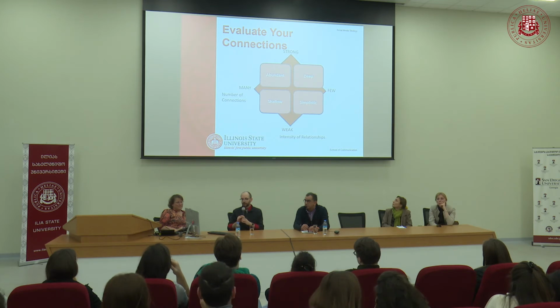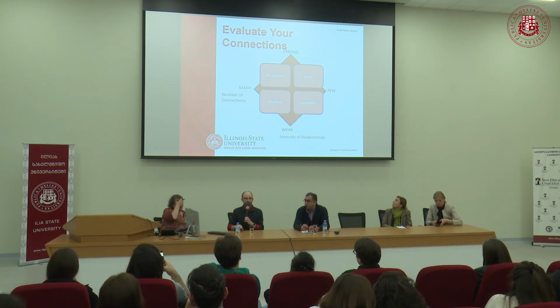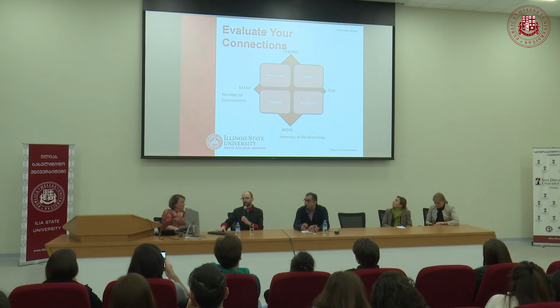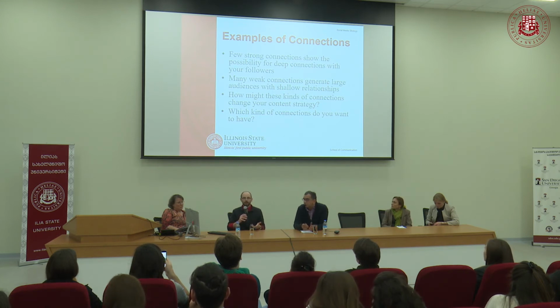So let's look at some examples here. So you can see there are 4 squares in there, right? That say abundant and deep, shallow, and simplistic. So here's examples of ways we might think about that. If we have few very strong connections, this shows that we have the possibility for deep relationships with our followers, right?